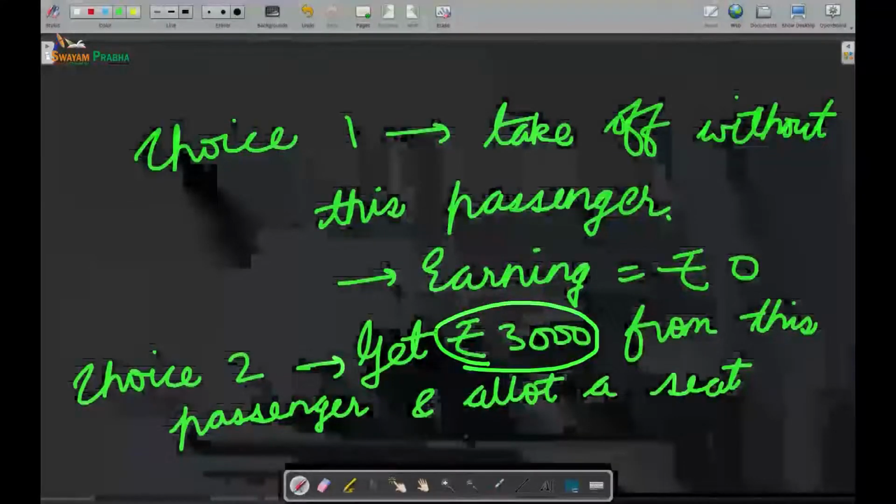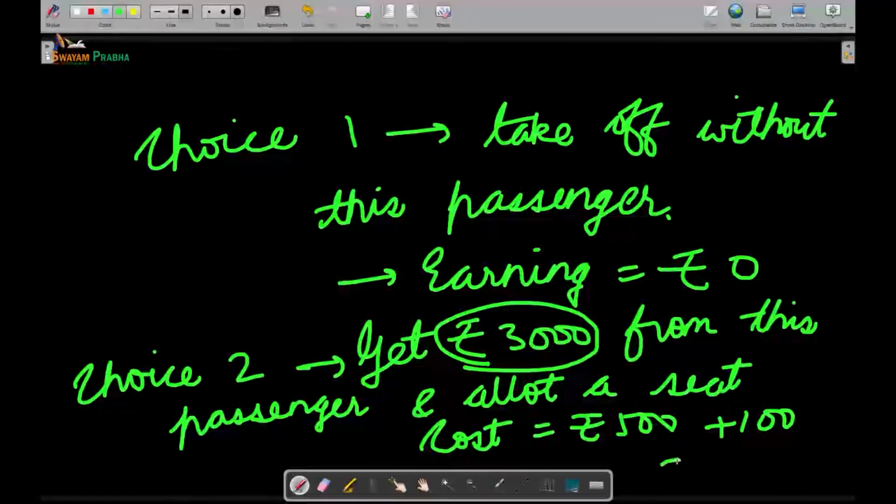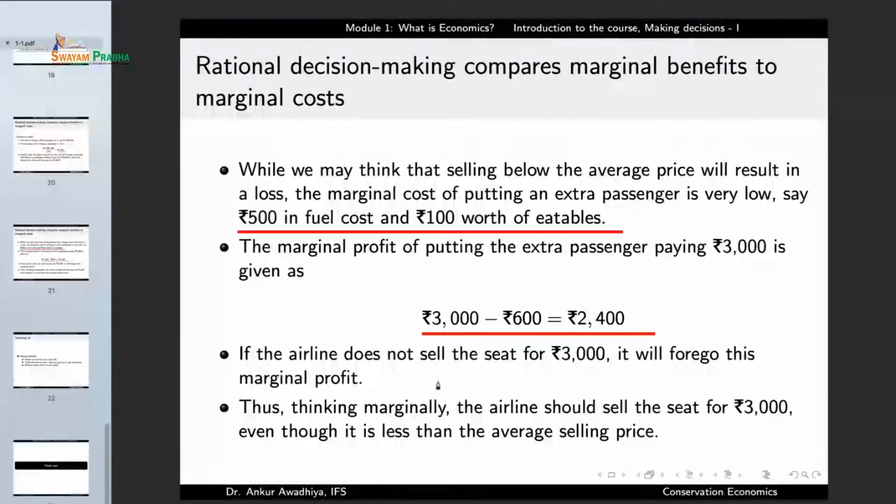So this is the revenue, and the cost is rupees 500 plus rupees 100, which is rupees 600. So in this case, the marginal profit, should the aircraft permit this extra passenger, is 3000 minus 600 rupees, which is 2400 rupees.